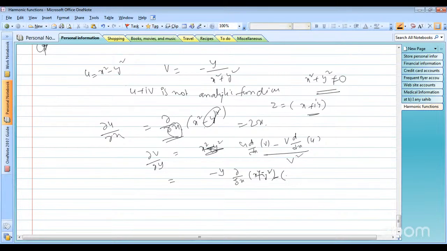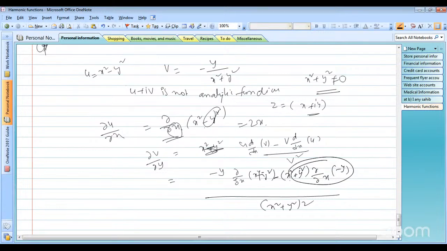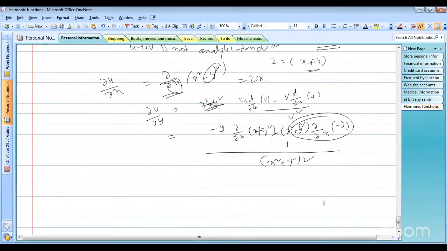Then minus of x square plus y square into dou by dou x of u, u means minus y. So therefore here x square plus y square whole square. This is totally 0. Dou x square plus y square dou by dou x, y is a constant, so that is 0.